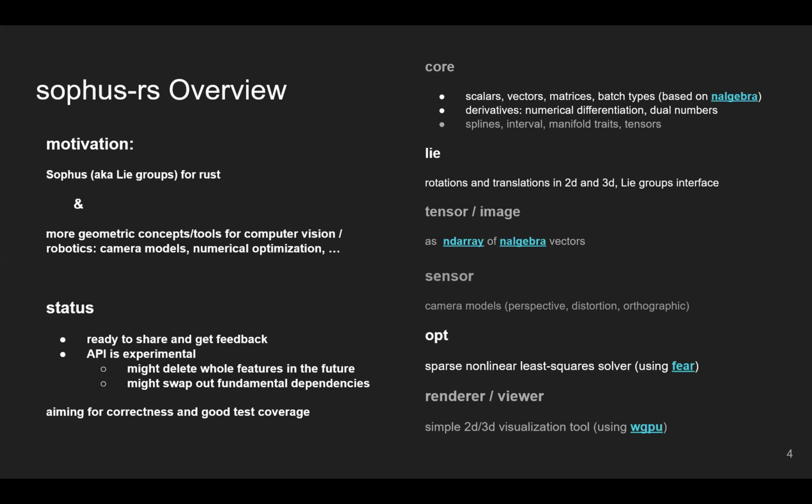The overview of the library: there's a core part for different linear algebra aspects based on nalgebra. There are Lie groups. There are tensors and images based on ndarray and nalgebra. There are sensor models, sparse nonlinear least squares optimization, which I will talk a little bit more about later, and also a simple renderer and viewer.